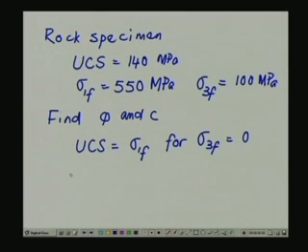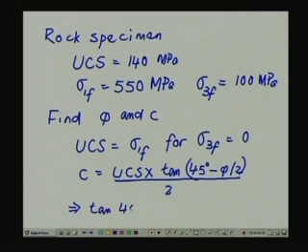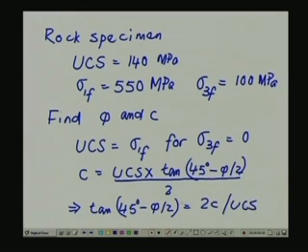So if you note that, then what you could write is c is equal to UCS, unconfined compressive strength, multiplied by tan of (45 degree minus phi by 2) divided by 2, and from that what we get is tan of (45 degree minus phi by 2) is equal to 2c divided by UCS. Remember this relationship, and I am going to erase everything on this tablet.